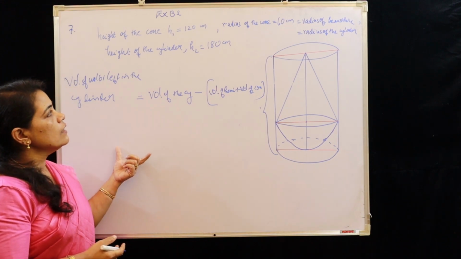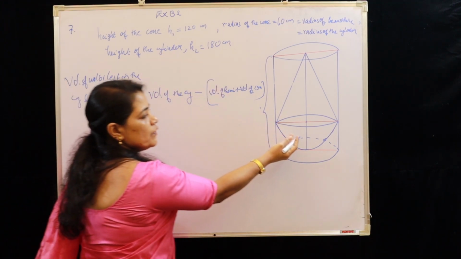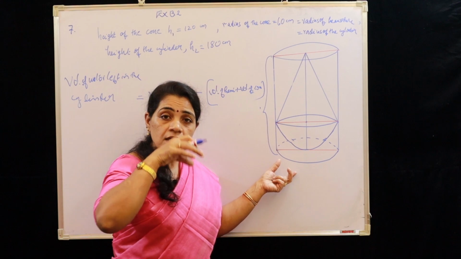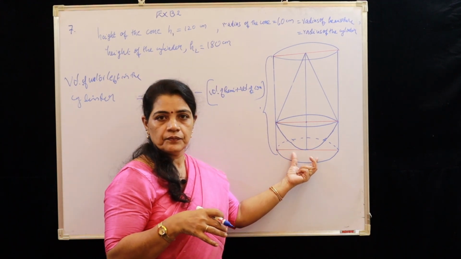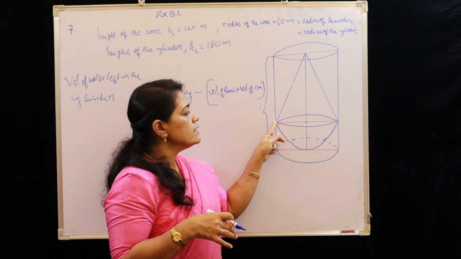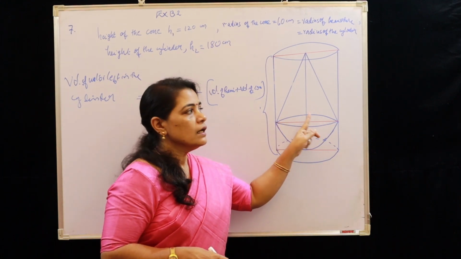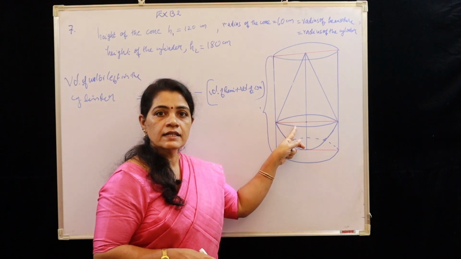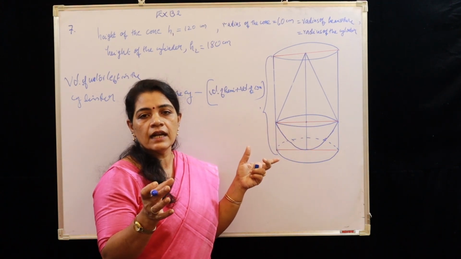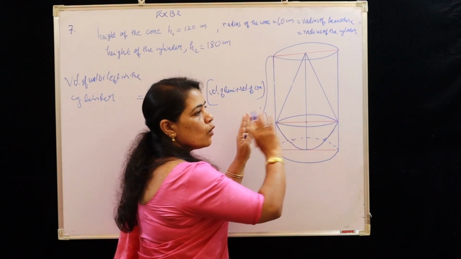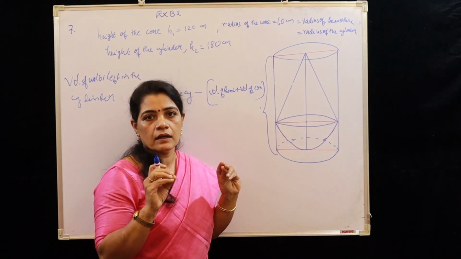Okay, so from the figure it is very clear that since this hemisphere is touching the bottom, and the radius of the cone as well as the radius of the hemisphere are the same, and that is also the radius of the cylinder, all can be represented with r.